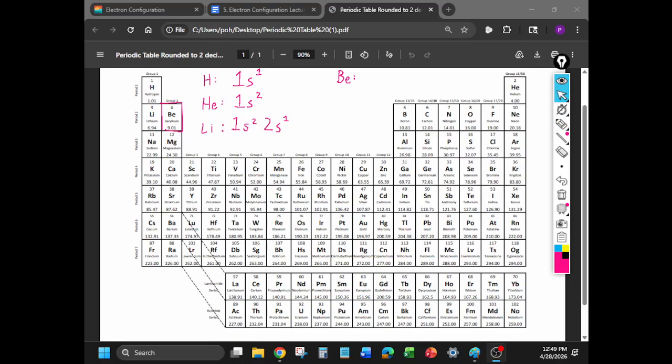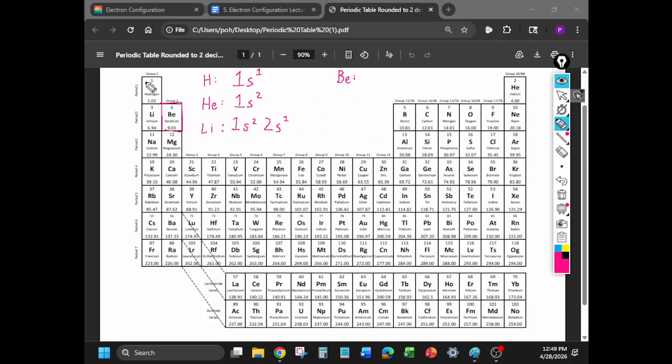Okay, guys, so if we take a look at beryllium, you'll notice it's the box right after lithium, right? And if you look at the pattern, we're just adding on to what we have. So for hydrogen to helium, we just changed the exponent to 2. Lithium, we kept 1s2 and we added 2s1. So for beryllium, we're just going to build off that as well.